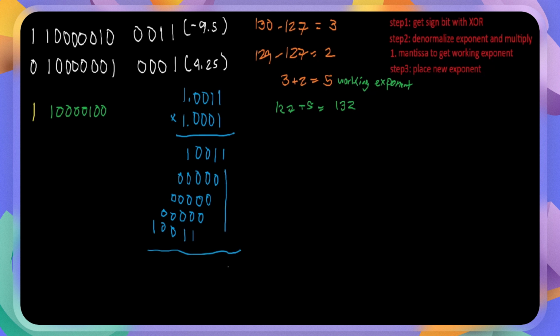Bring these down. 1, 1, 0, 0. That's 2, so 0, 1. It's another 2, so 0, 1, 1, 0, 1. And then this is where we're going to be placing our decimal. After that, this is our new mantissa.